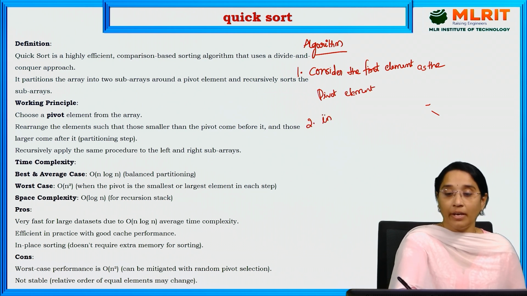Next, initialize i to low and j to high.